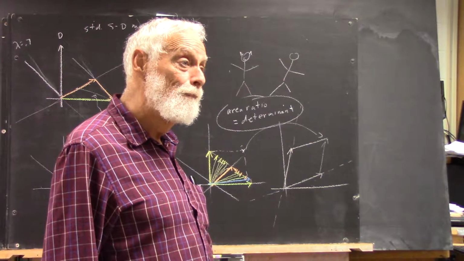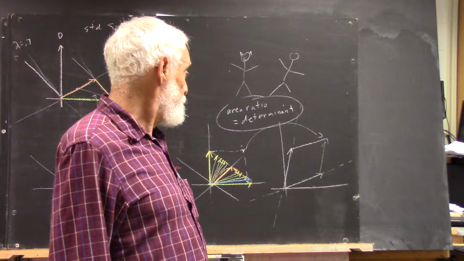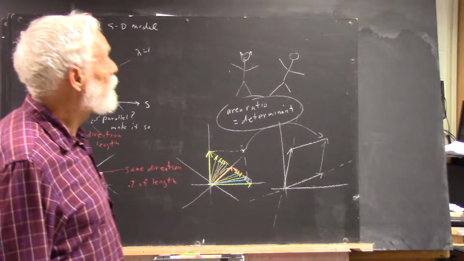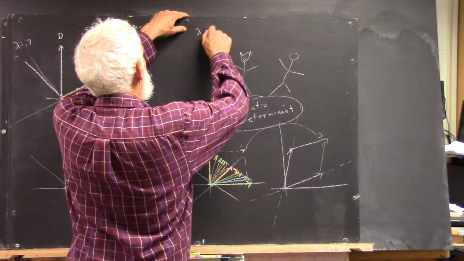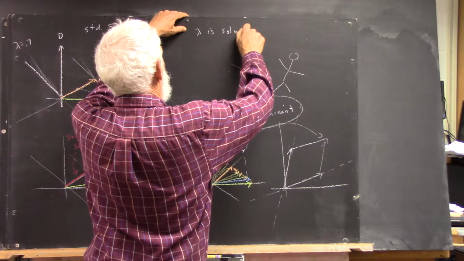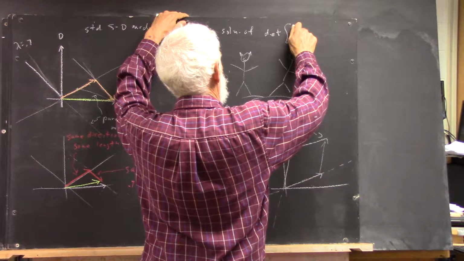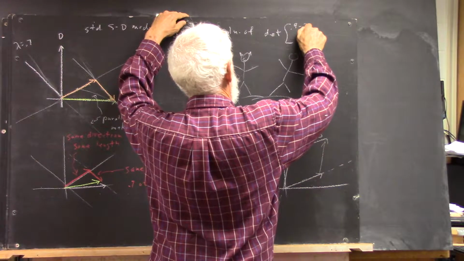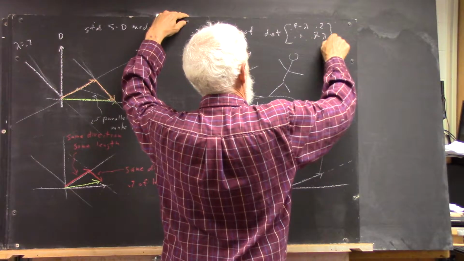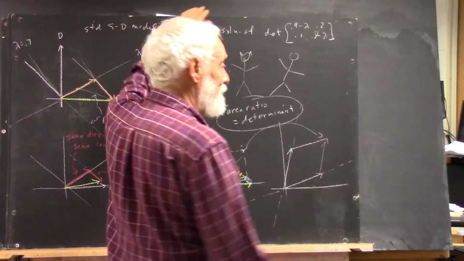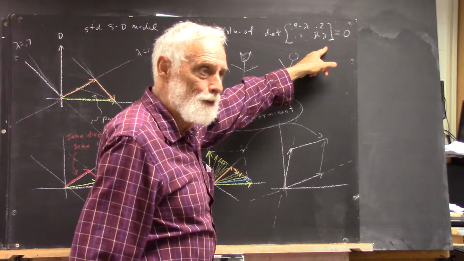This might be a dumb question, but what is the difference between a determinant and an eigenvalue? You take the determinant of this, set it equal to 0, and lambda is your eigenvalues.